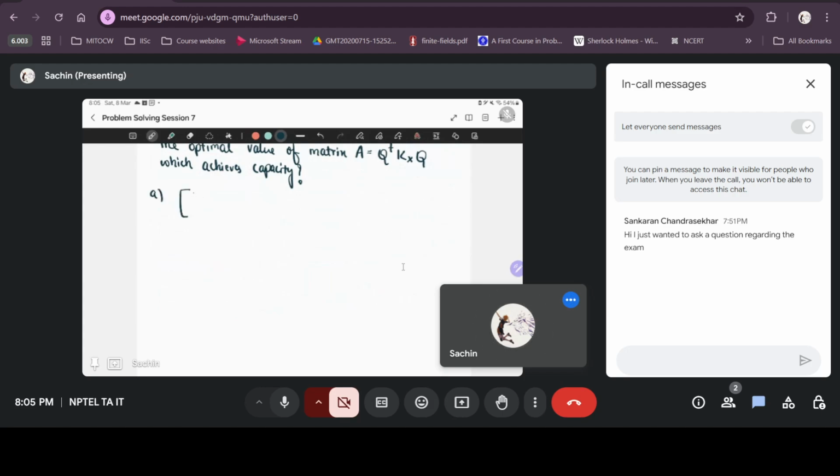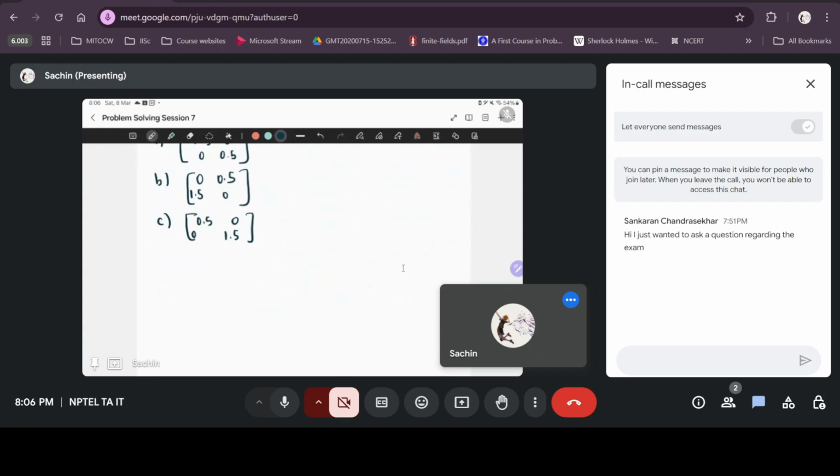Options are: A is 1.5, 0, 0, 0.5; B is 0, 0.5, 1.5, 0; C is 0.5, 0, 0, 1.5; D is none of the above.